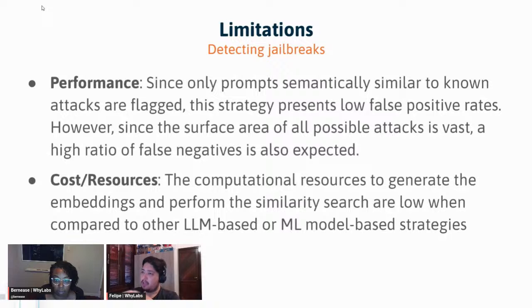Because if we have a high similarity score, that means that at least one known attack is present in the database that is similar. However, since the surface area of all possible attacks is very vast, we can also expect a high ratio of false negatives. So that means that we can't expect to include every possible prompt injection attack in our database, right?